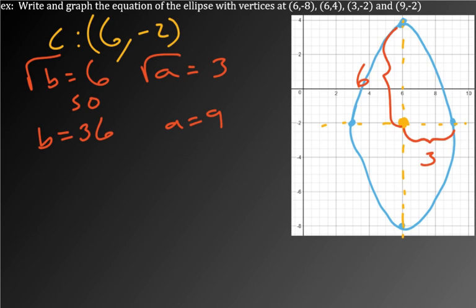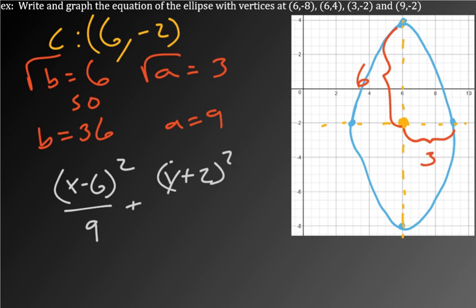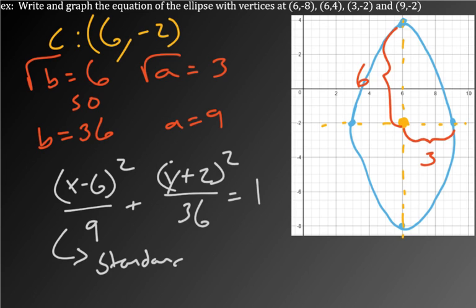And so then we have everything we need to write down the equation. Basically just x minus 6, all that squared, over A, which is 9, and then y plus 2 squared over 36. We just do equals 1. And if you literally plug this in, this is what we would call the standard form of an ellipse.